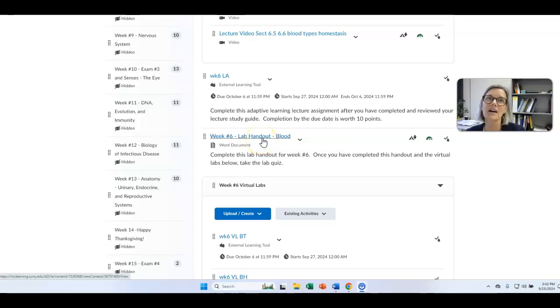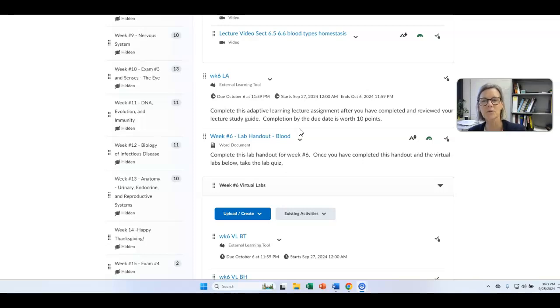A couple things on that lab handout. One of the things we talk about is blood typing. And blood typing is one of those things that some people catch on to really fast, and other people have a hard time grasping the ideas. So if you're having a hard time with blood typing, I'm glad to talk to you about it. Contact me.